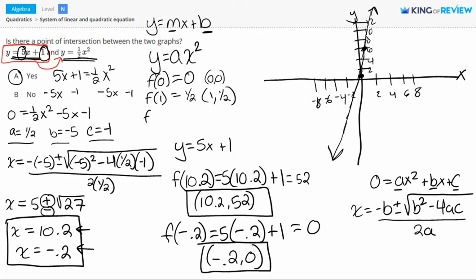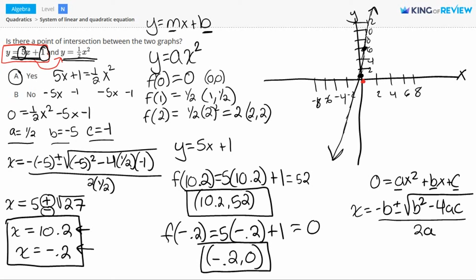And if you plug in a 2, f of 2 equals 1/2 times 2 squared, and this gives you 2. So you have a point at 2, 2. So let's plot this parabola, and I'll do this in red. We have a point at 0, 0, that's right here.